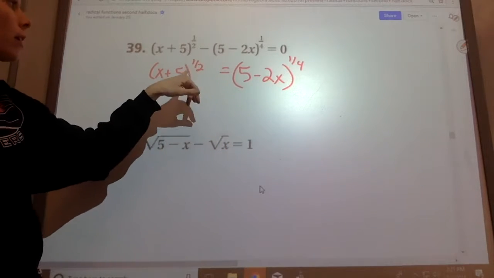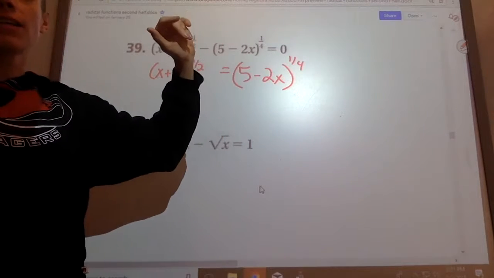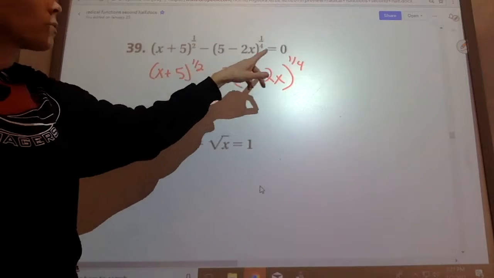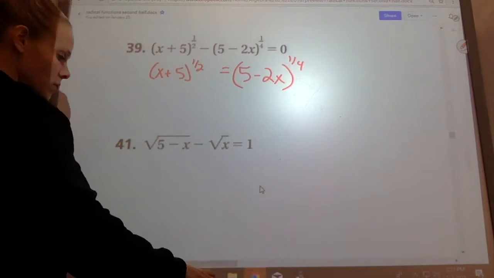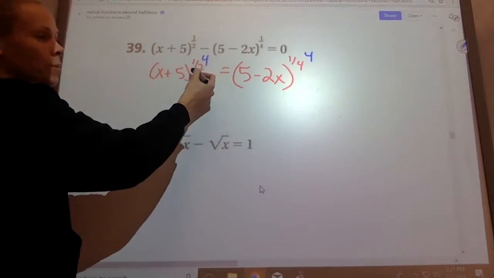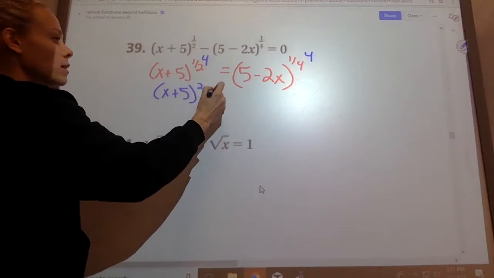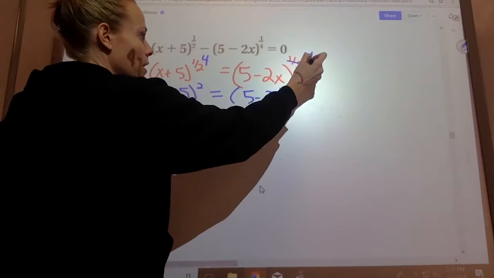If I did 3, that would be 3/2 and that would be 3/4. What if I did 4? What's 4 times half? 2. What's 4 times 1/4? 1. So if I raise both sides to a power of 4, power to a power I multiply, this becomes 2, and this one goes away. Now I have something I can solve.